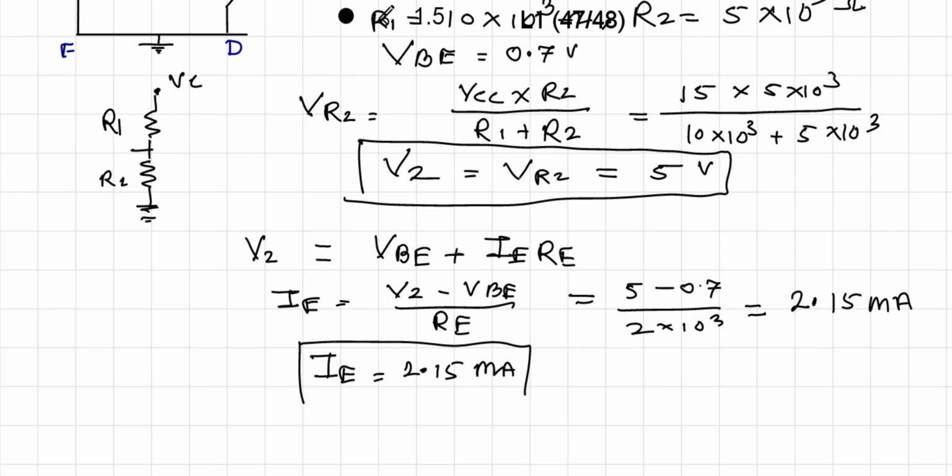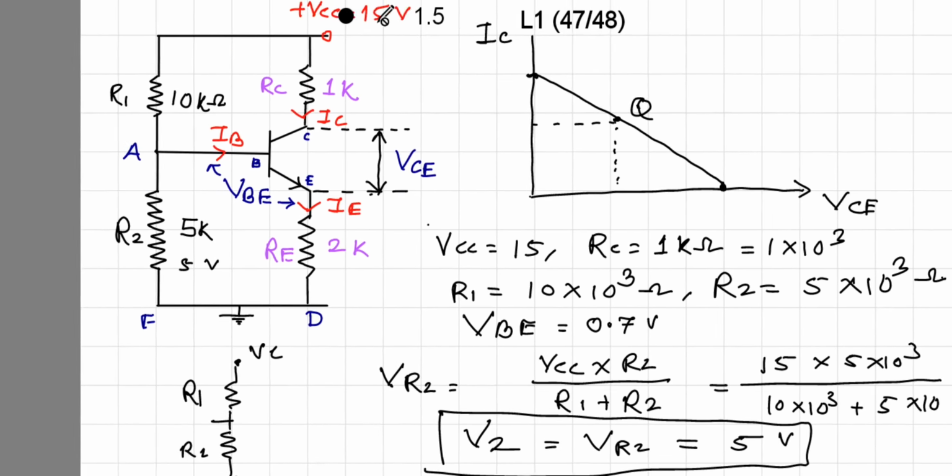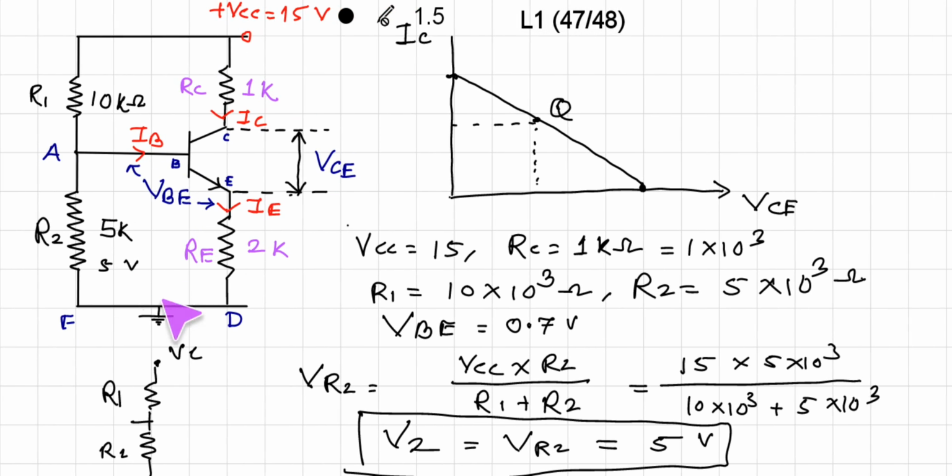See how did we solve it? We know this is a closed loop, and if we apply Kirchhoff's voltage law, that is summation of all the voltages in a closed loop is 0. So this voltage is exactly equal to this voltage plus this voltage.